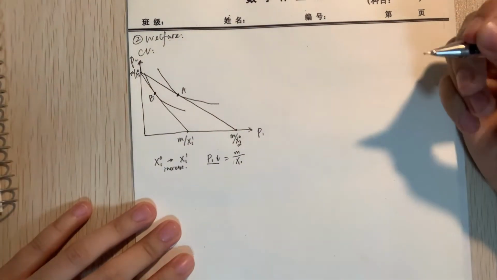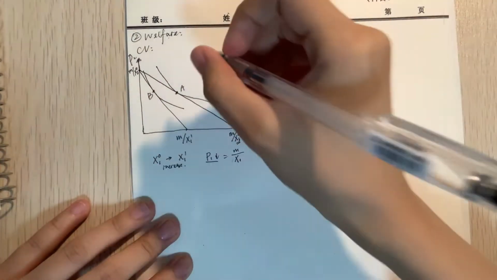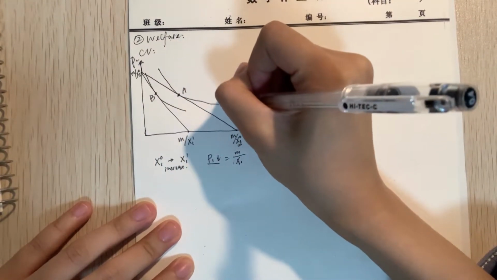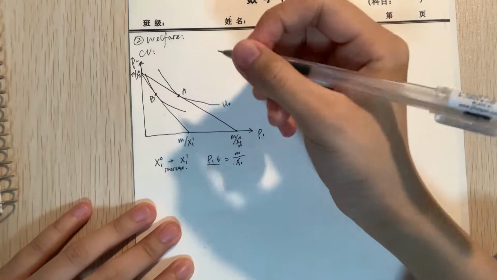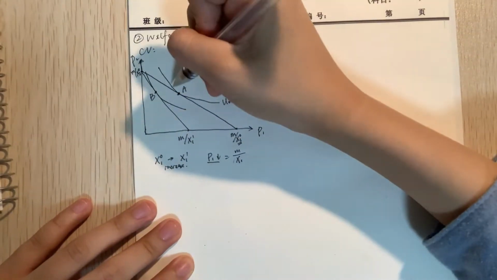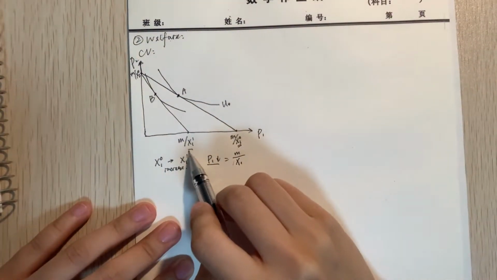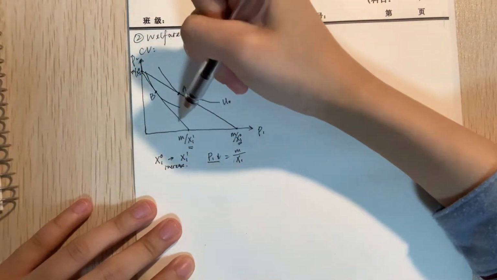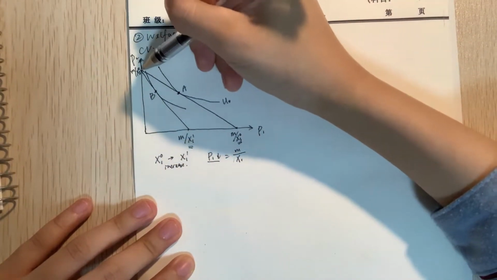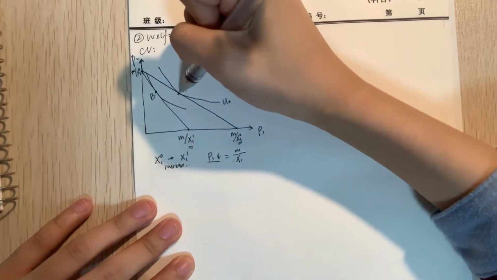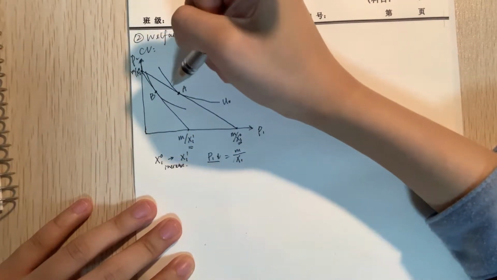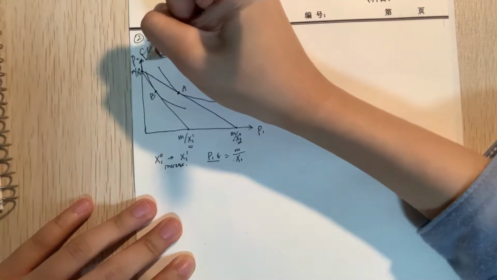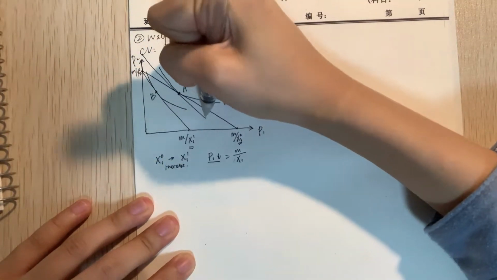So the compensating variation is to keep the consumer at its original utility level, denoted here as U0, but with the new quantity. So we will need to draw a line parallel to this one, but tangent to U0. So like this.